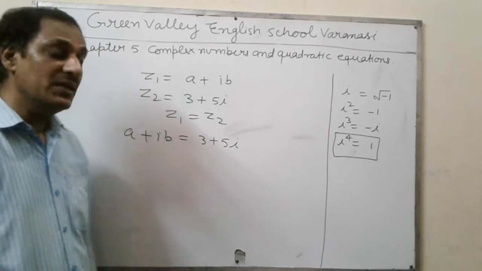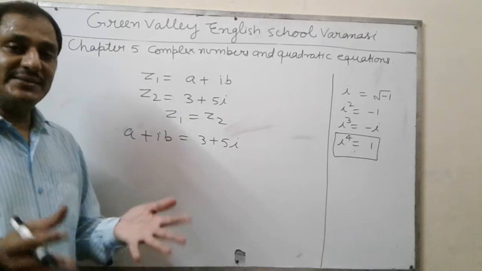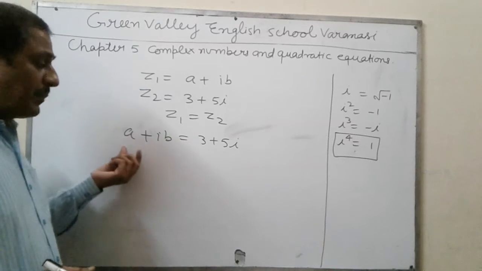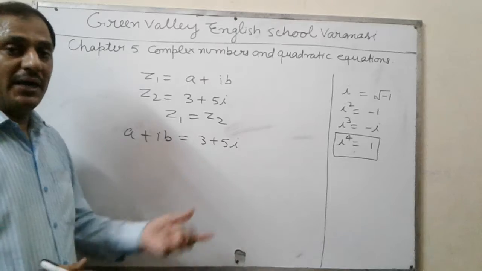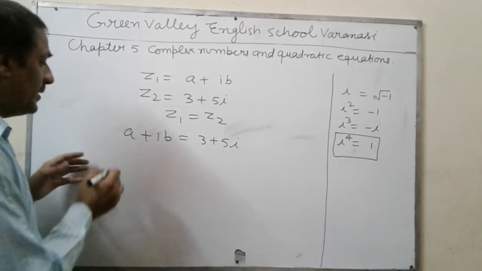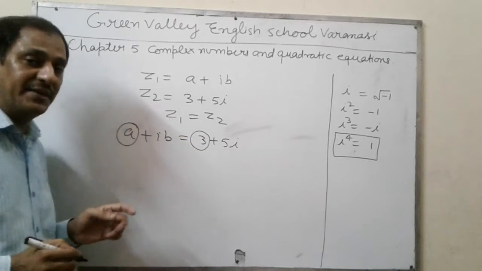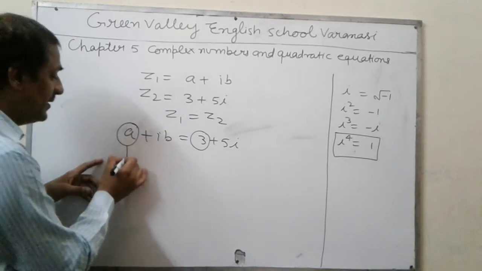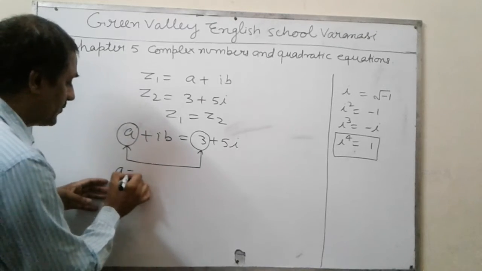If the two complex numbers are equal to each other, then the real part of the first complex number is equal to the real part of the second complex number. Here the real part of the first complex number is a and the real part of the second is 3. It means the value of a will be 3. We will equate these two values, so a equal to 3.